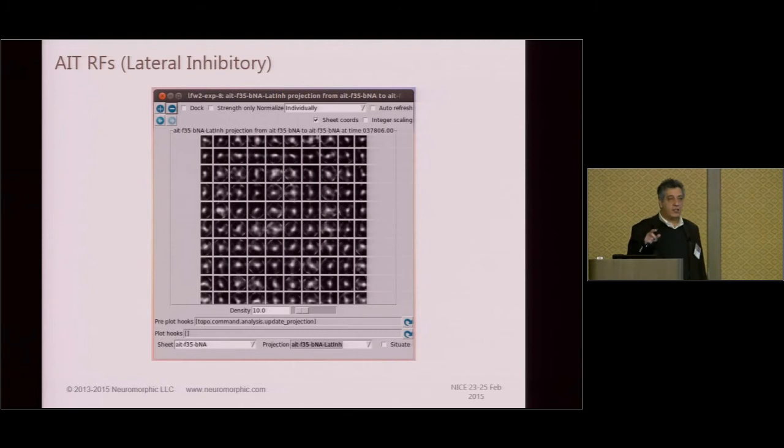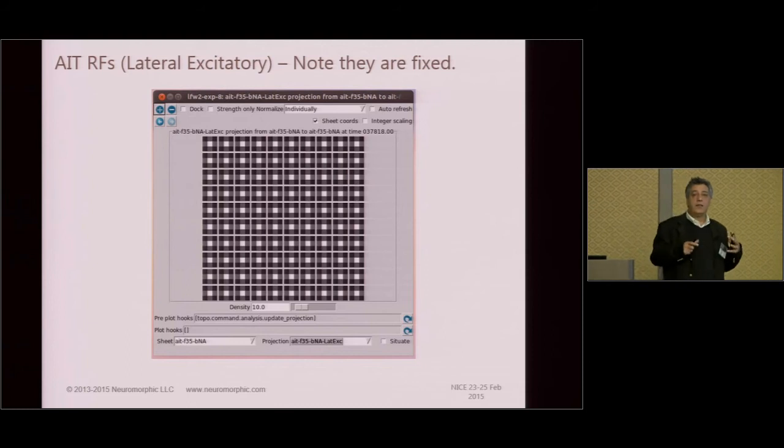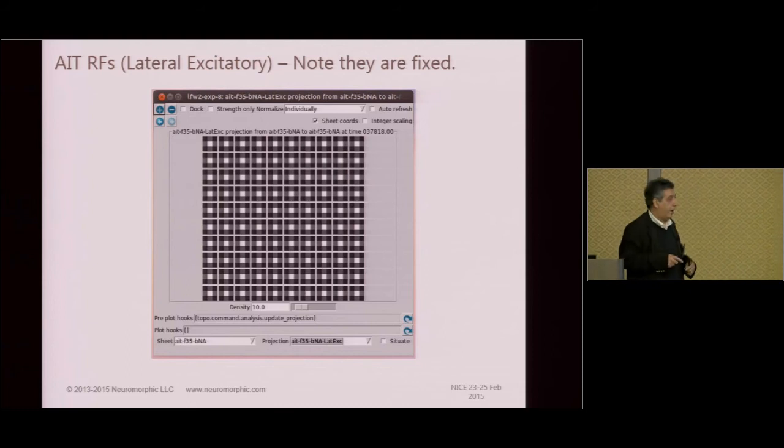Now, I haven't mentioned the excitatory part of the receptive fields. All the excitatory receptive fields that we worked with have been fixed. So the only part that is learning is the inhibitory receptive field. And basically it's a Gaussian type receptive field.